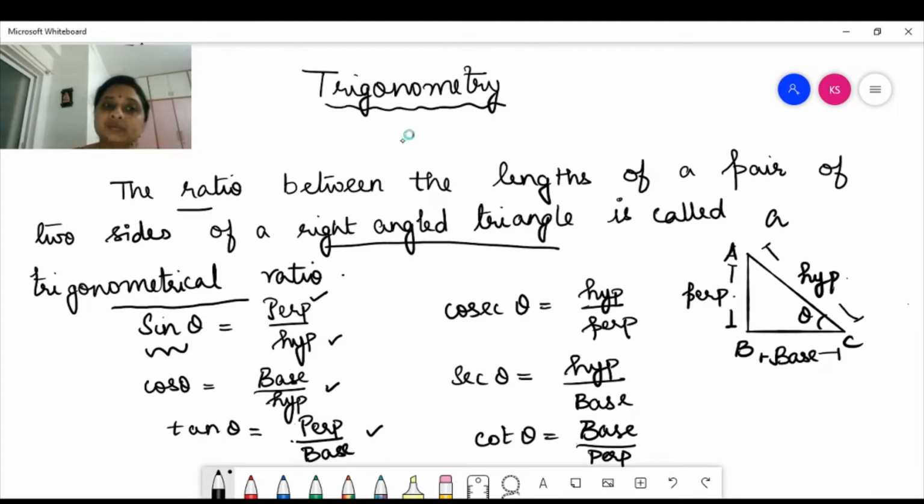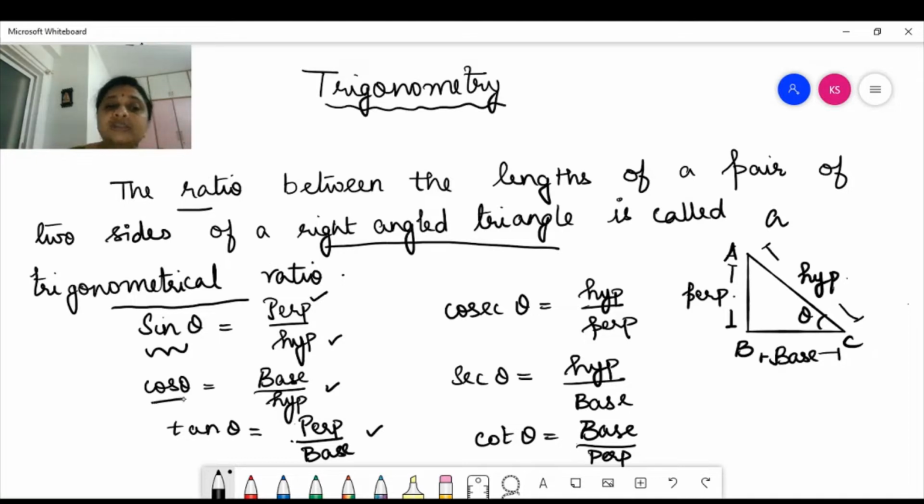We saw in a previous video that the ratio between the lengths of a pair of two sides of a right angle triangle is called a trigonometrical ratio. To know more about this, please do visit the previous video. The link will be shared in the description box. So we saw that the sine of an angle is equal to the ratio between the perpendicular and the hypotenuse of the triangle.